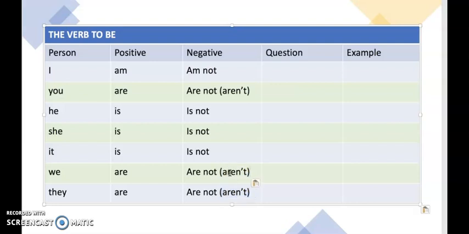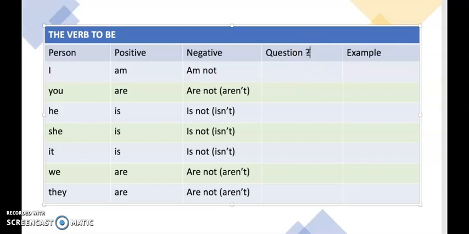And the same for we. Here, he is not, we can make shorter, he isn't. And again, like I said to you, it's the same for she and for it.